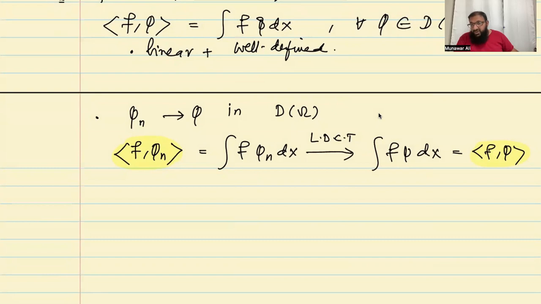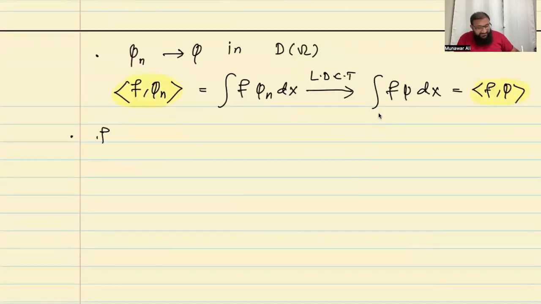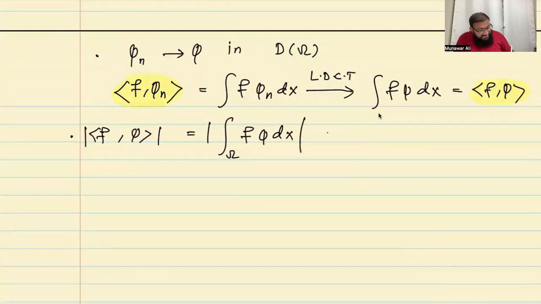And how about the order of this distribution? I can simply check that the absolute value of f acted on phi is the absolute value of the integral of f times phi dx, which is less than or equal to, what can I do? I can take the maximum value of f, the maximum value of phi, and the measure of the integral.